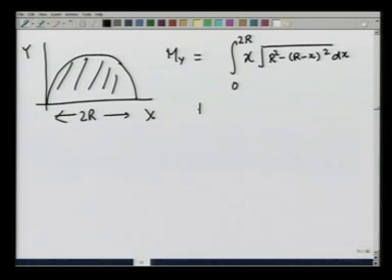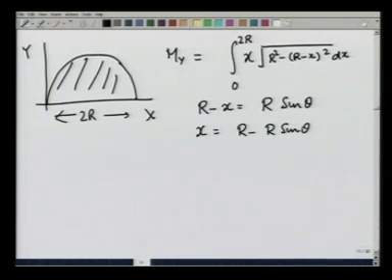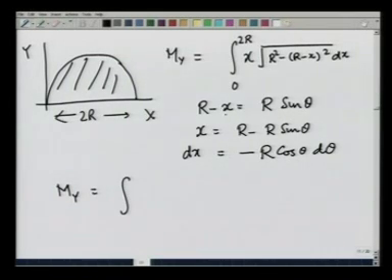Let me take r minus x to be equal to r sin theta, so that x equals r minus r sin theta. In this case, dx is going to be equal to minus r cosine theta d theta. Substituting this, we get m y equals, when x is 0, sin theta is going to be 1 and therefore theta is equal to pi by 2.